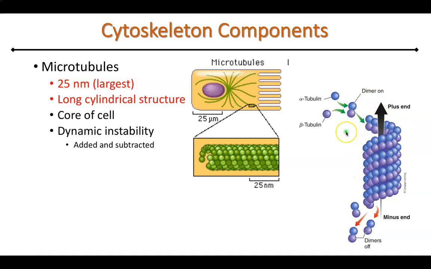Because this structure is involved with movement, when we're adding to one side or subtracting from the other side, we call that dynamic instability. So dynamic because there's a lot going on, and unstable because we're adding things, we're subtracting things, we're adding things, we're subtracting things. So all of this is going to cause that term dynamic instability to happen.